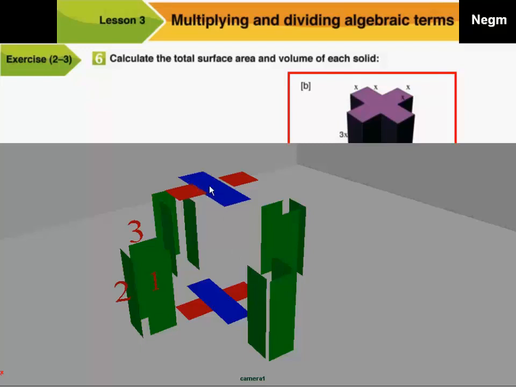Each base has 1 rectangle and 2 equal shapes. 2 equal squares.